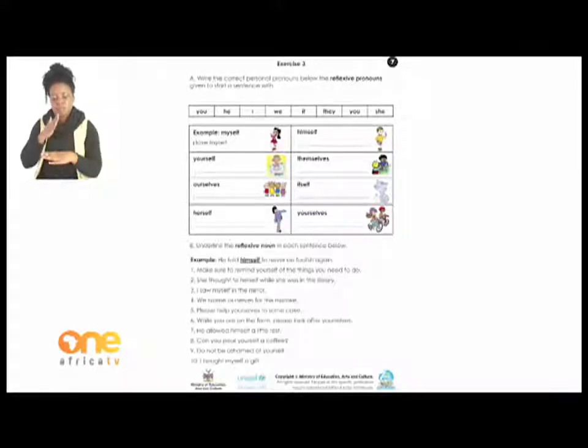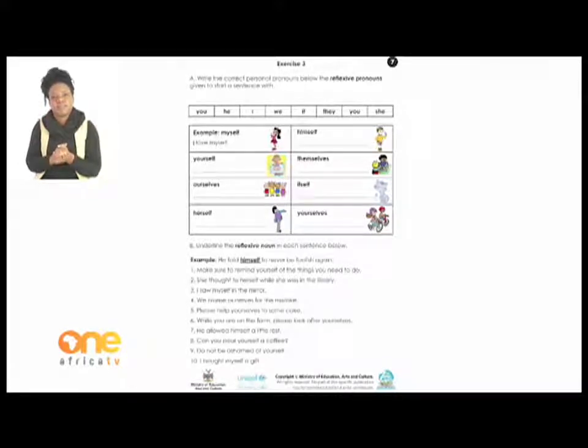B, the instruction says, underline the reflexive noun in each sentence below. Now, if you see any word that ends with self or selves, that means that will be your reflexive pronoun. Chanel, are you following? Yes, she is following. So I hope you are also following and that you are paying attention.